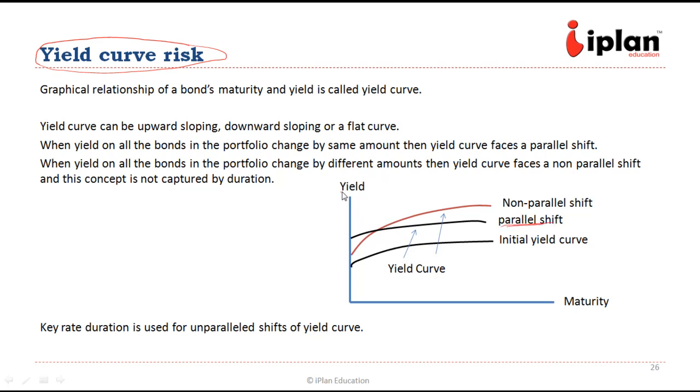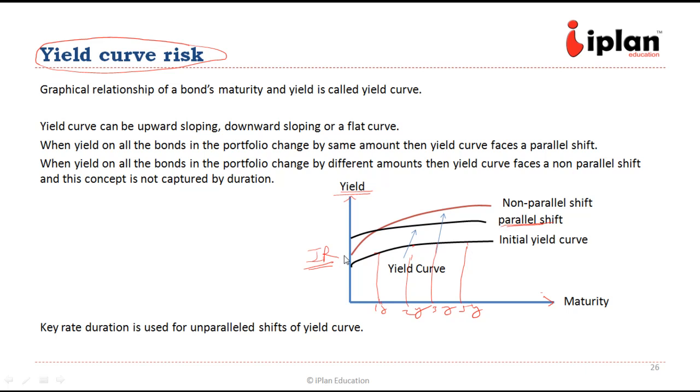Yield curve is nothing but the relationship of market yield with respect to maturity. So for example, this is a 1 year bond, this is a 2 year bond, this is a 3 year bond, this is a 5 year bond, and so on. This is the value of interest rate in the market. So this is our yield curve.